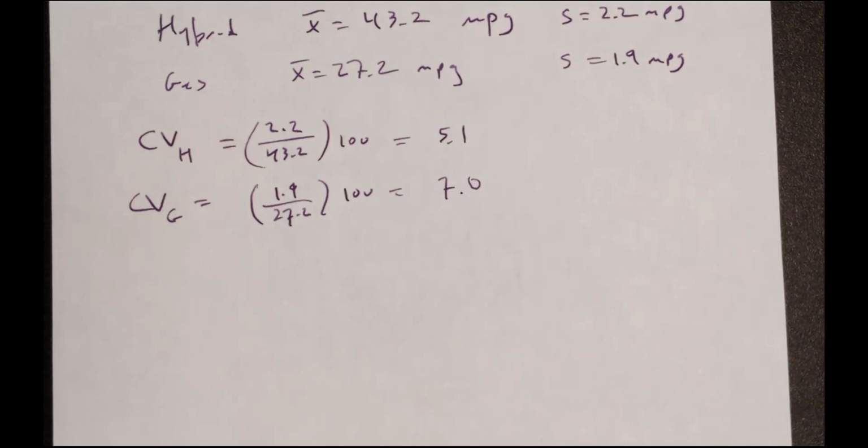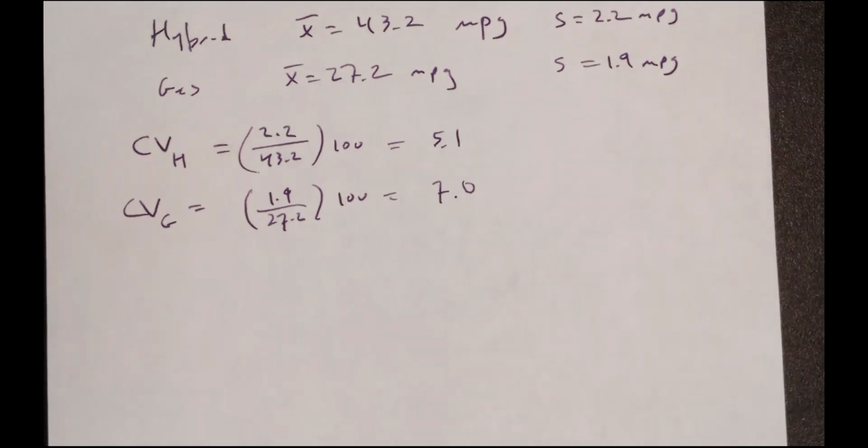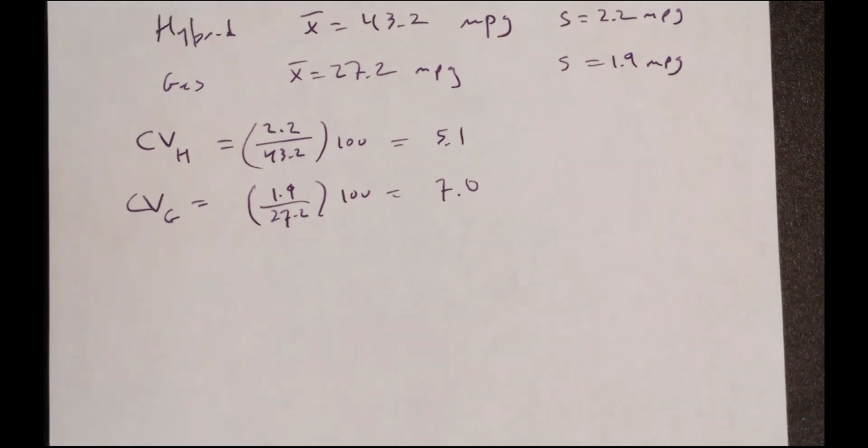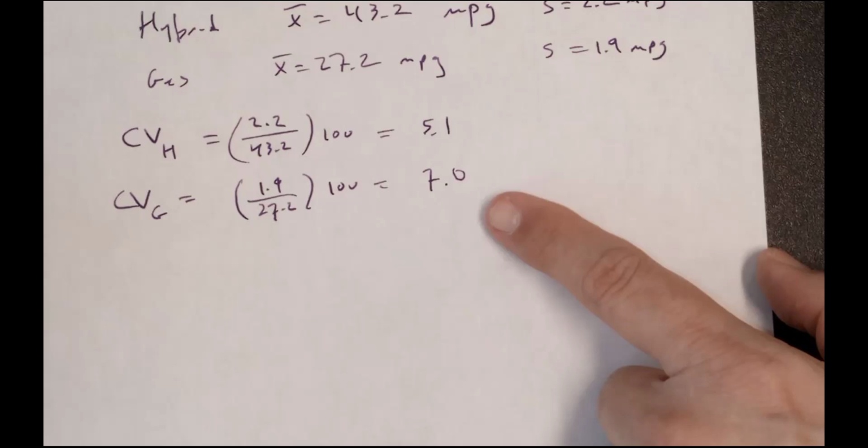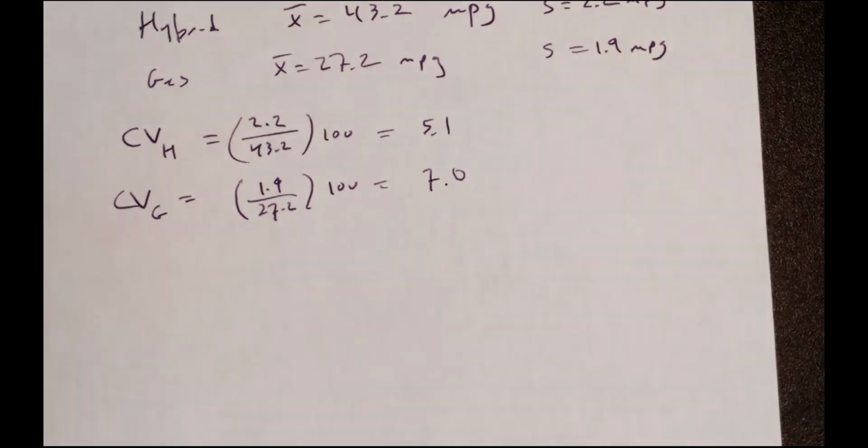But in relative terms, it has the bigger variation relative to its average. If we were just going to say which is more consistent, absolutely, this is the smaller number. But relative to the size of the numbers we are looking at, the hybrid has a more consistent behavior.